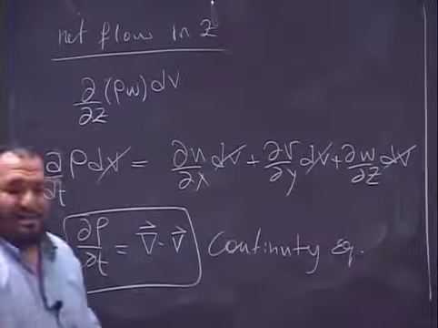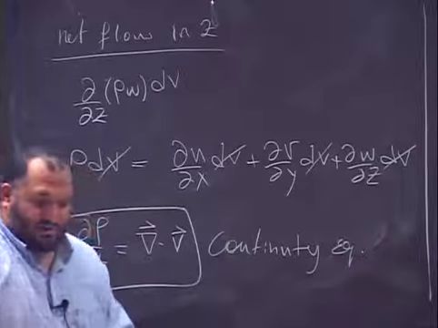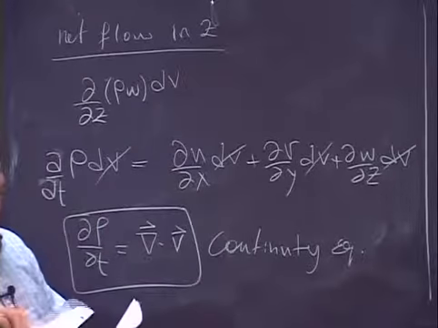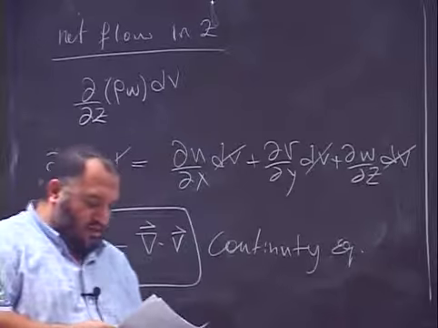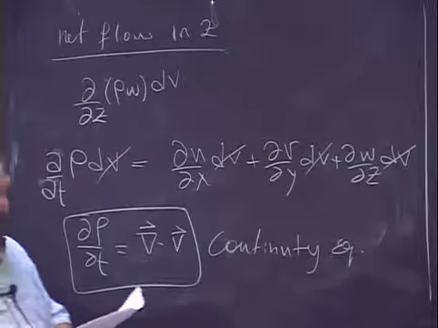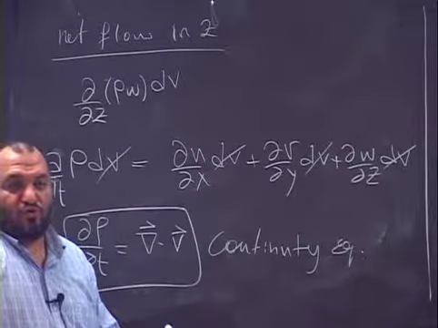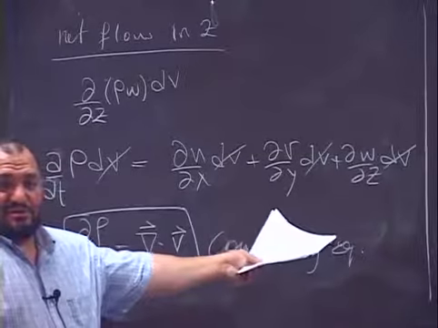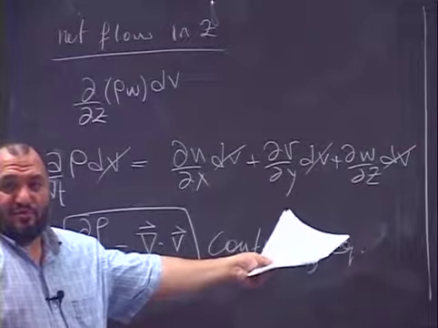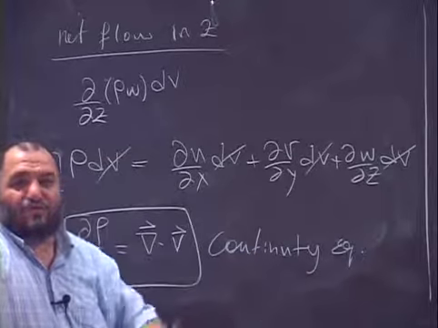Yes, guys? So what does divergence mean here? The divergence is just the net outward flow of what? In this case, fluid mass, or the fluid. Net outward flow.